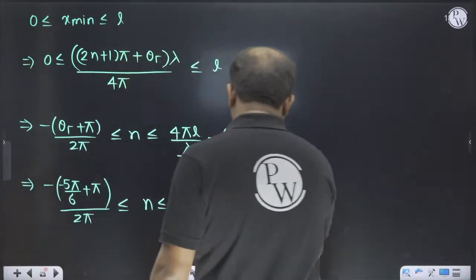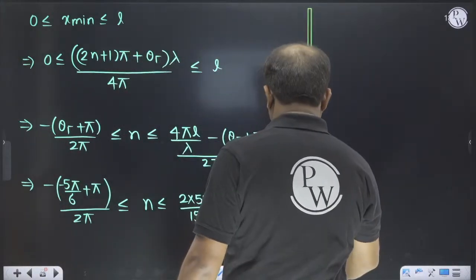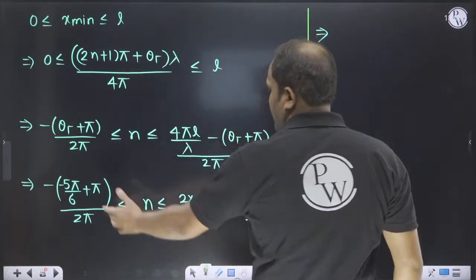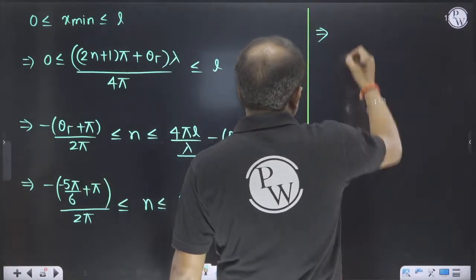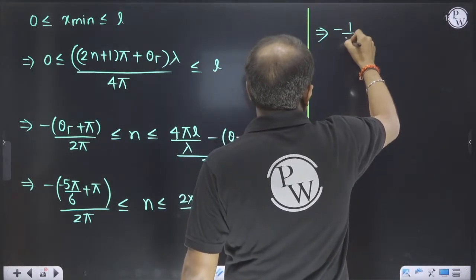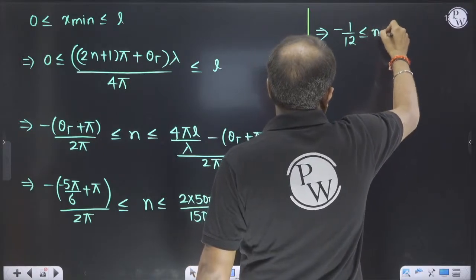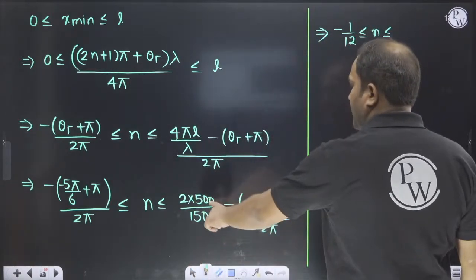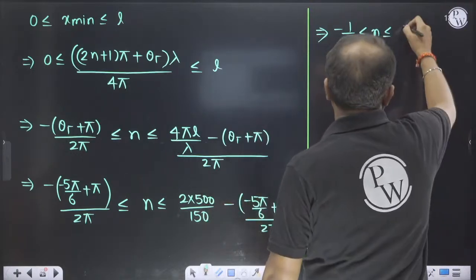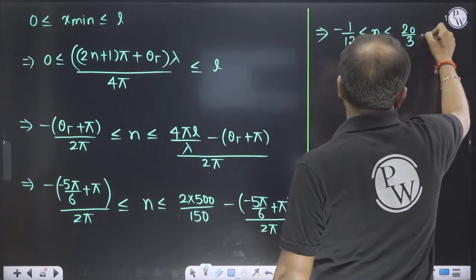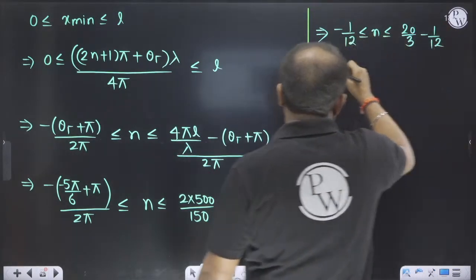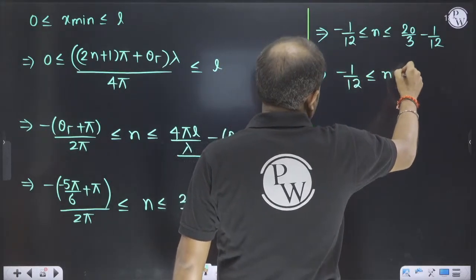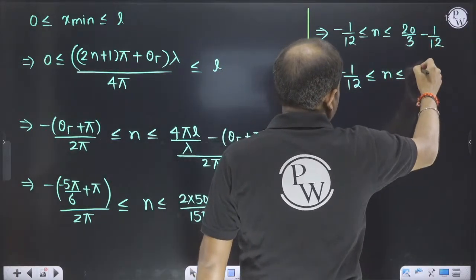So our range will be, in this case, 5π by 6 minus π by 6, so minus 1 by 12, and this one is 1000 by 150, 20 by 3. So 20 by 3 minus 1 by 12, and it will be 79 by 12.